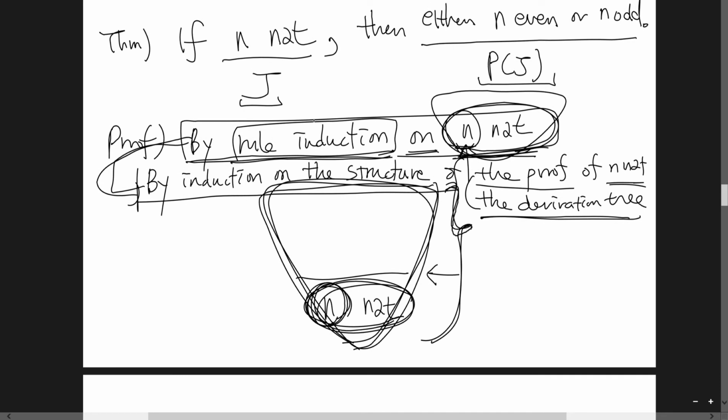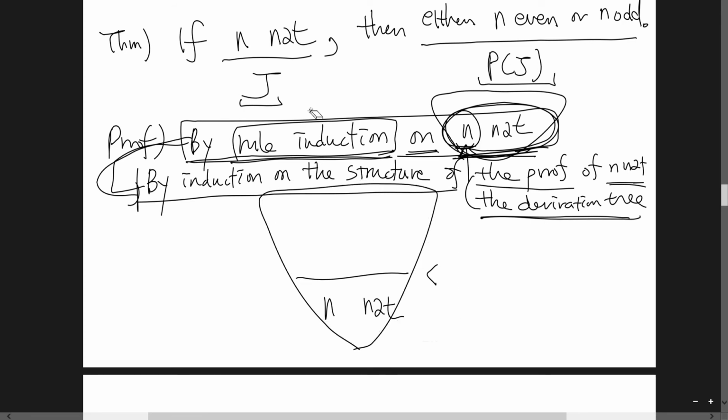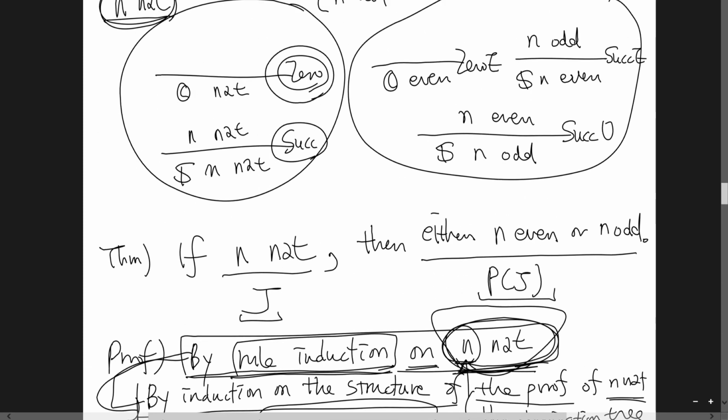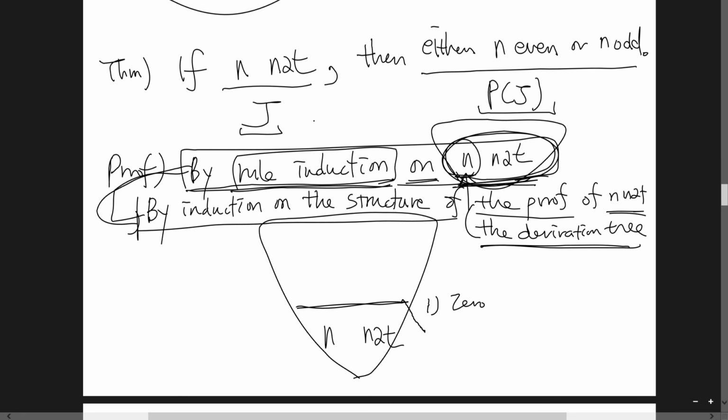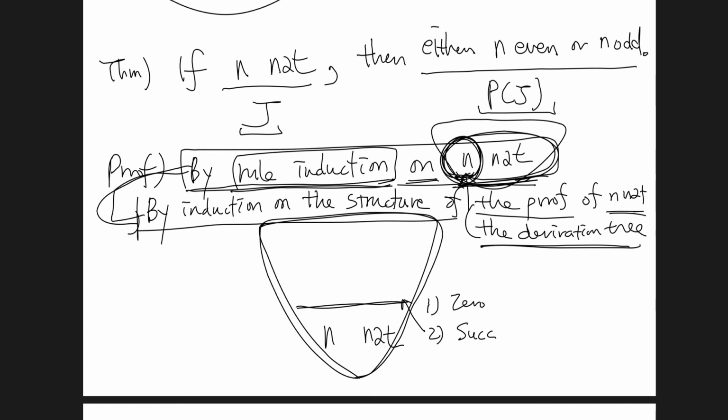If we analyze the structure of the derivation tree of n nat, there are two cases. The last inference rule here is either an application of this zero rule, or the last inference rule applied here could be this successor rule. So note that we are analyzing the structure of this derivation tree, not the structure of this syntactic object n. As I said before, that's the critical difference.